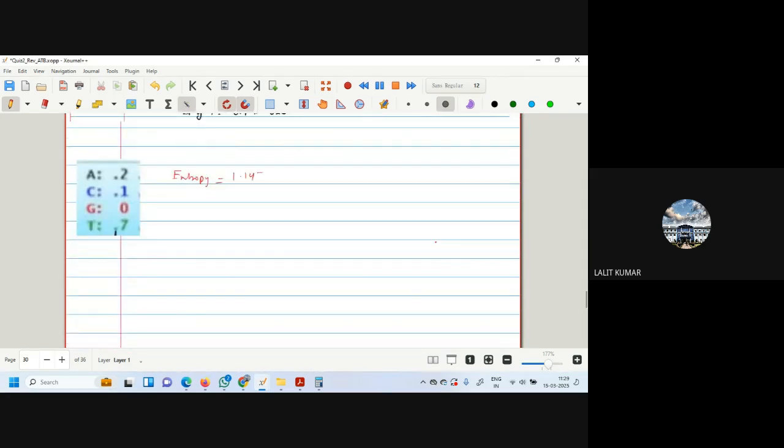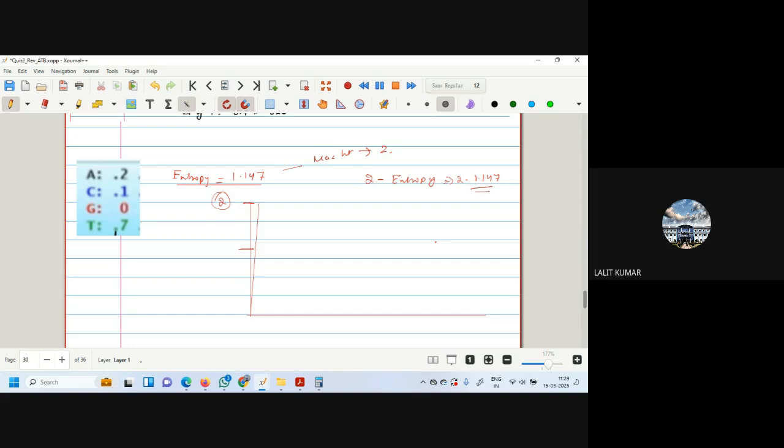When you make the logo, we know the max height of the entropy can be 2. So here the height of this logo will become 2 minus entropy, which is 2 minus 1.147.